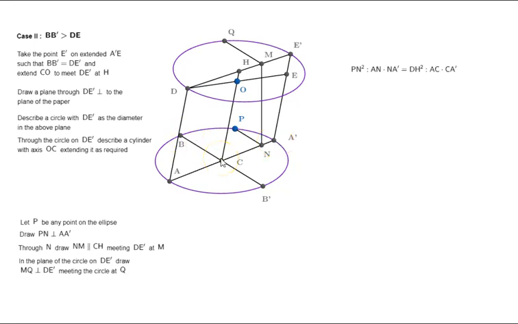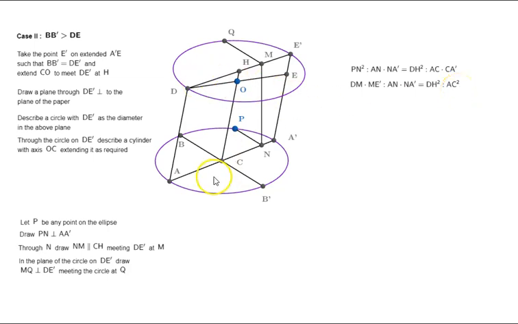Since BC square is to AC times CA prime equal to PN square is to AN times NA prime, we can say PN square is to AN times NA prime is equal to DH square is to AC times CA prime. DM times ME prime is to AN times NA prime is equal to DH square is to AC square. Remember, AC times CA prime can be written as AC square because they are equal.